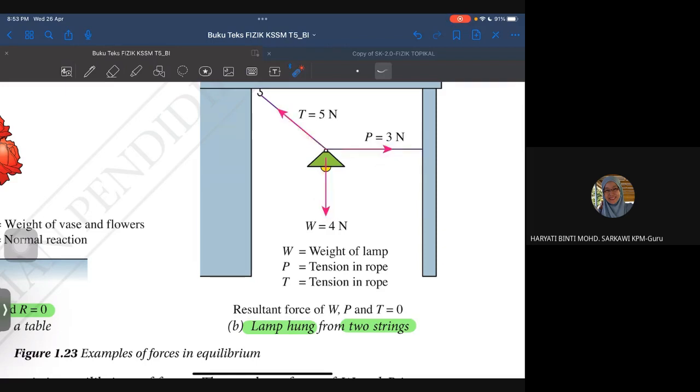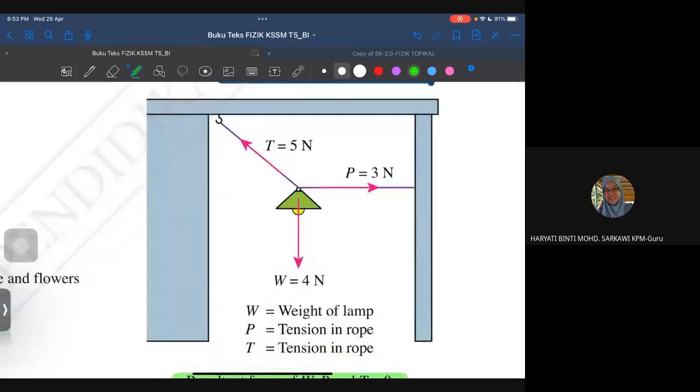But in this case, the resultant force is actually equal to 0. Why? Because the lamp is stationary. So for cases like this, we need to draw what we call a triangle of forces.